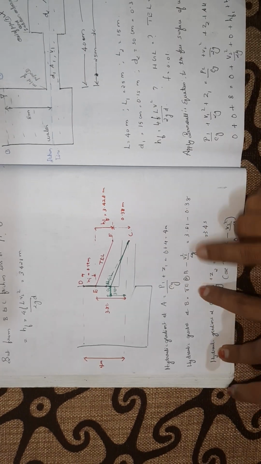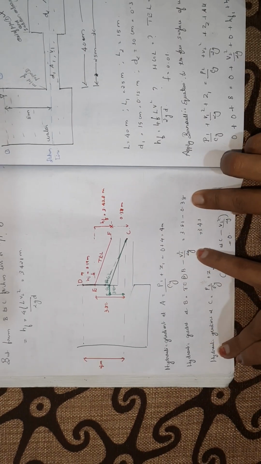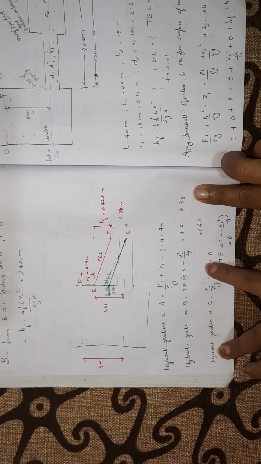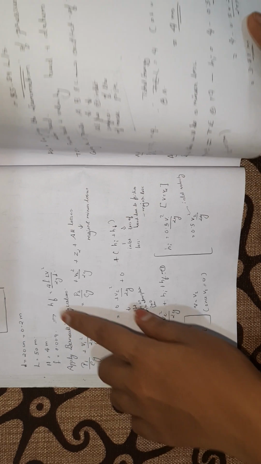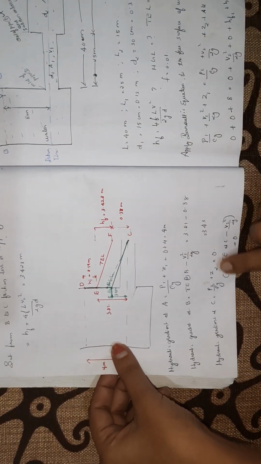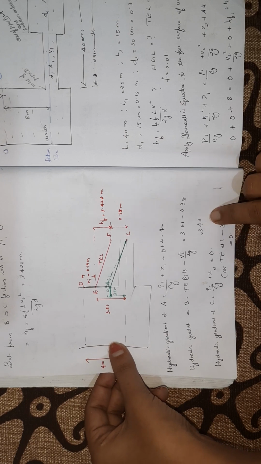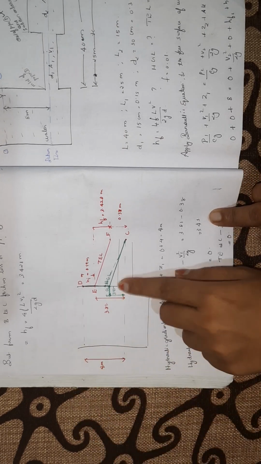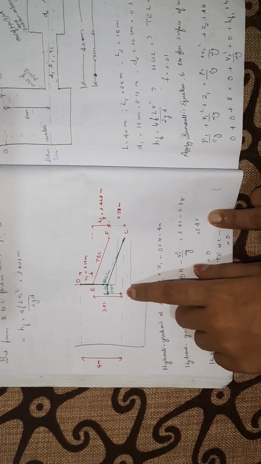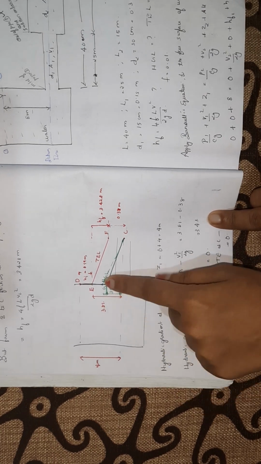So 3.81 minus V2 square by 2g, we'll get it as 3.43. Now we have to mark it as G. From the datum we'll get it as 3.43 and mark it as G.